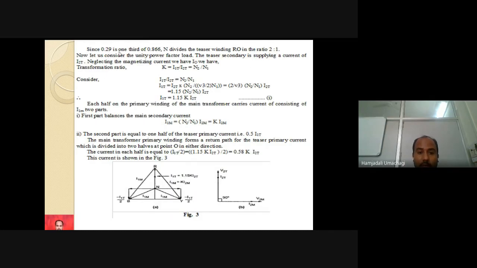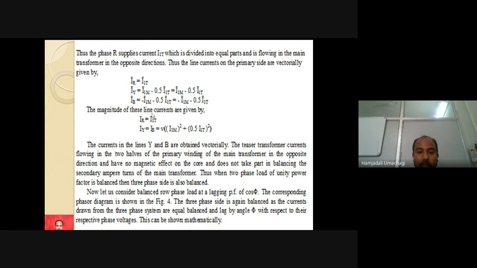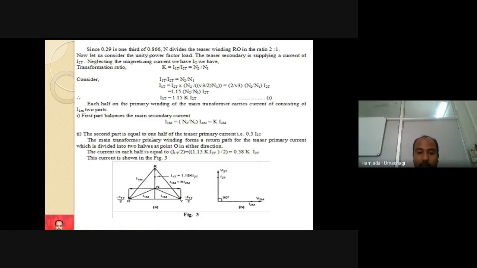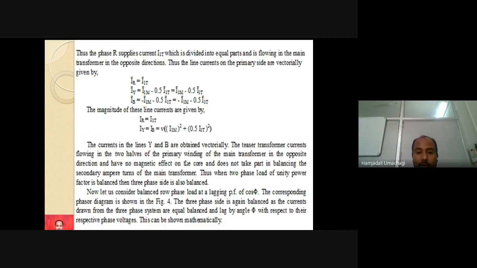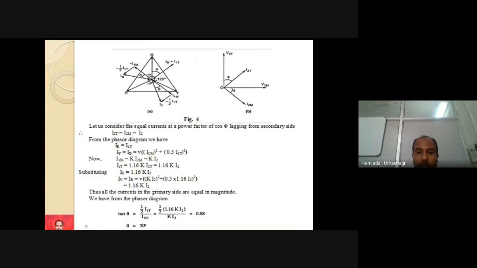Then you write all the derivation part, the current phasor diagram, voltage phasor diagram, everything. Then you write all the current values. This is the diagram when the connected load is UPF, and all these formulas apply for UPF. Now you explain for lagging power factor load.